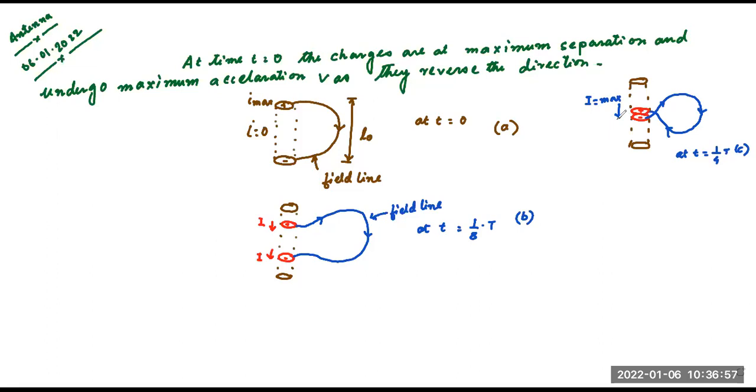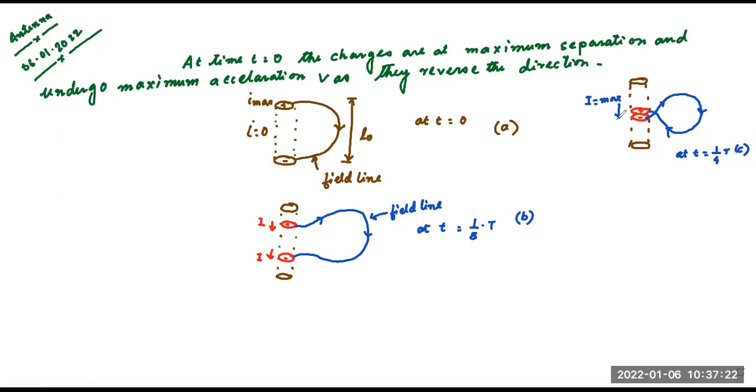As this happens, that means at 1/4 period they pass the midpoint, the field lines detach and new ones of opposite sign are formed.